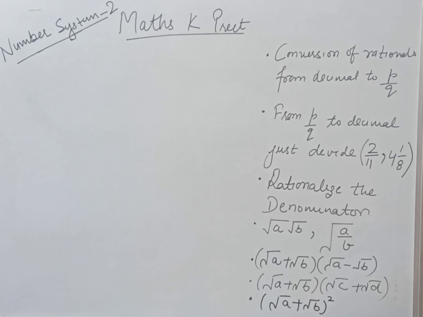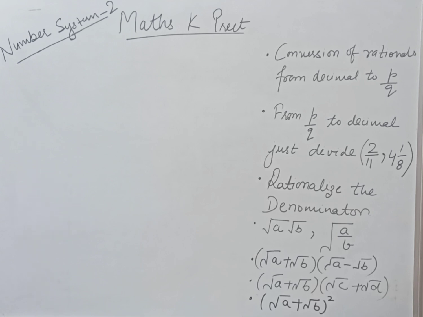Today I am proceeding with the last chapter. The last video I uploaded was on the number system. This is the second video on the number system. In the last video, we learned about the decimal expressions of rationals and irrationals and the basic numbers of mathematics. So the decimal conversion of a rational number is either terminating or, if non-terminating, then recurring as well.